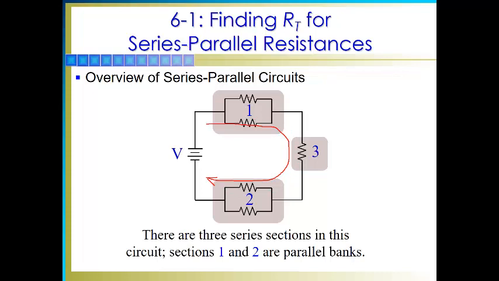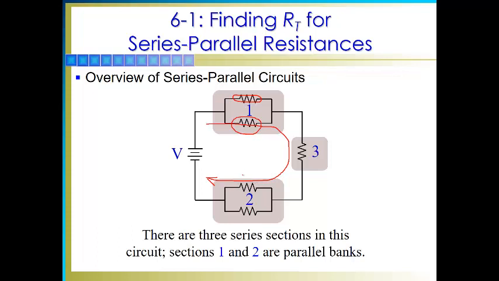However, component number 1 is composed of two resistors, this resistor right here and this resistor right here, that form a bank of parallel components. These two components are connected in parallel, but the whole thing is connected in series with 3 and section 2. So section 2 is also a bank of two resistors connected in parallel.